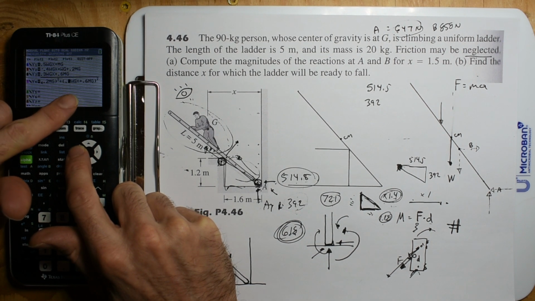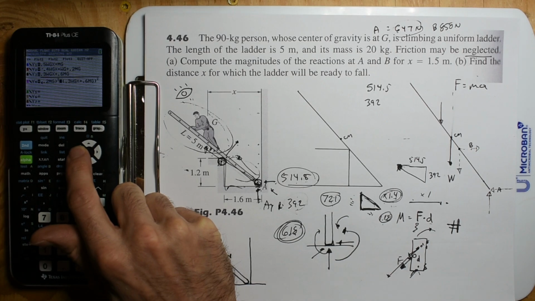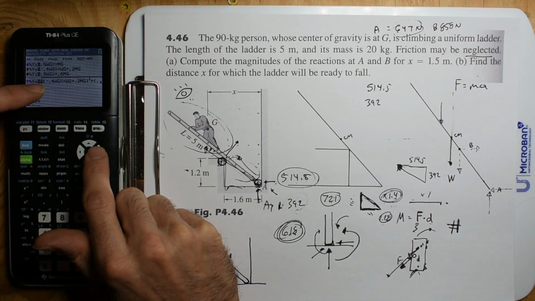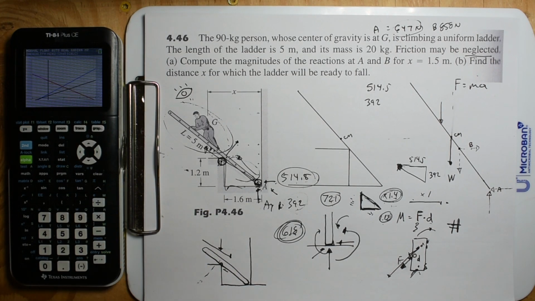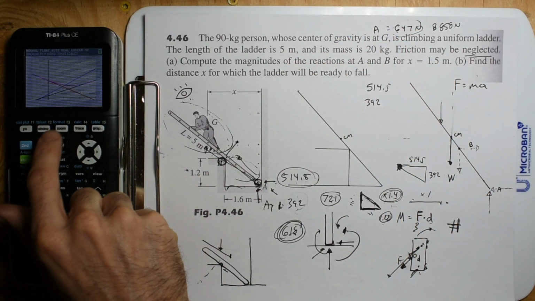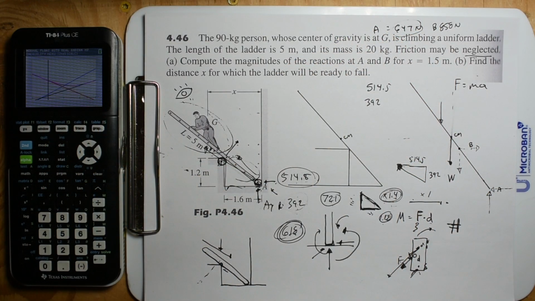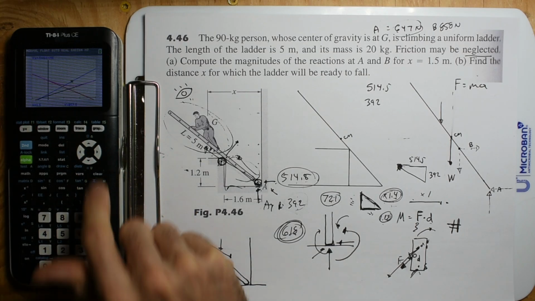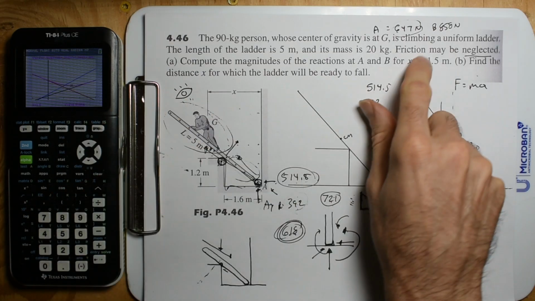So 0.3 WGX, sorry, plus 0.6 mg, negative 0.4 WGX. Okay, sweet. So we're going to graph that, and that should give us our 647 at 1.5. So this is the reaction at A, and cool. We get the value at 1.5, and we get 647.